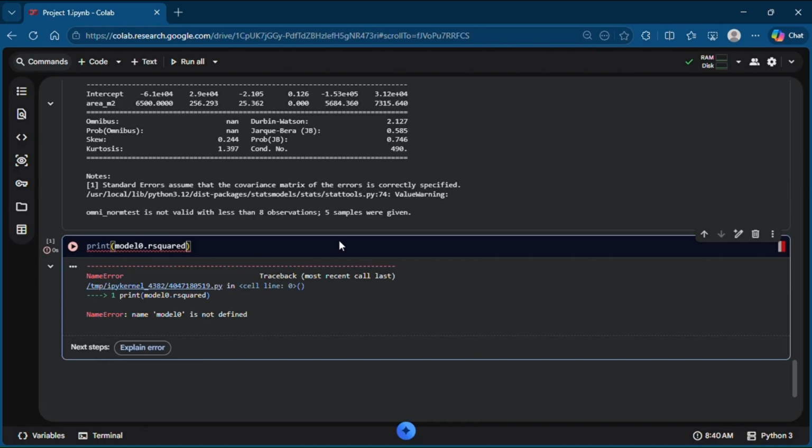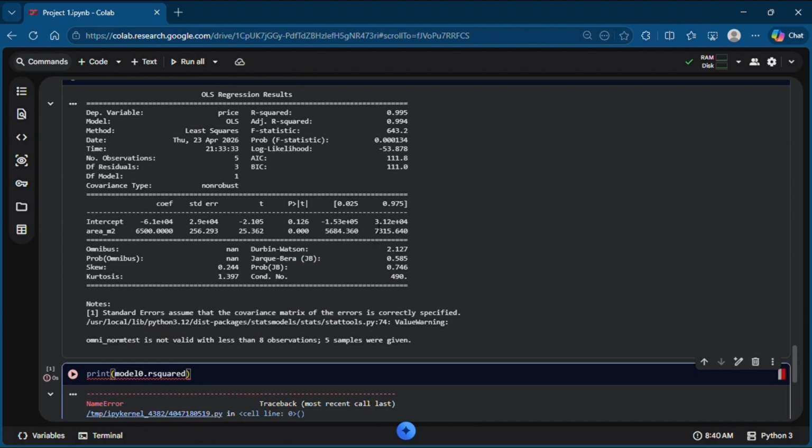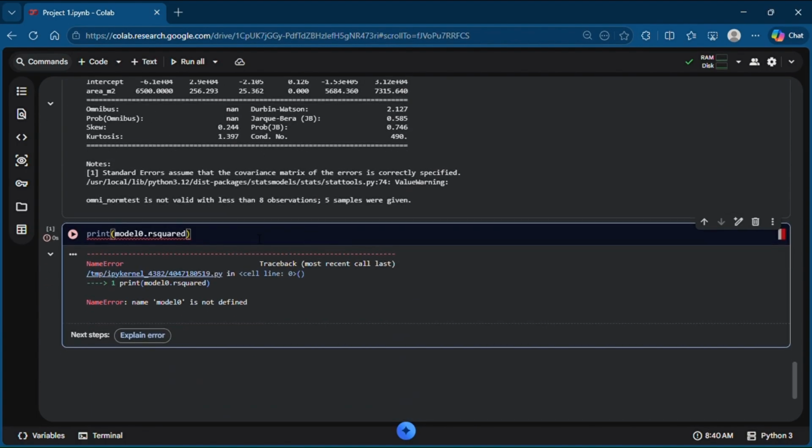The farther from 1 or closer to 0, the variables don't have a good explanatory relationship. So let's verify.